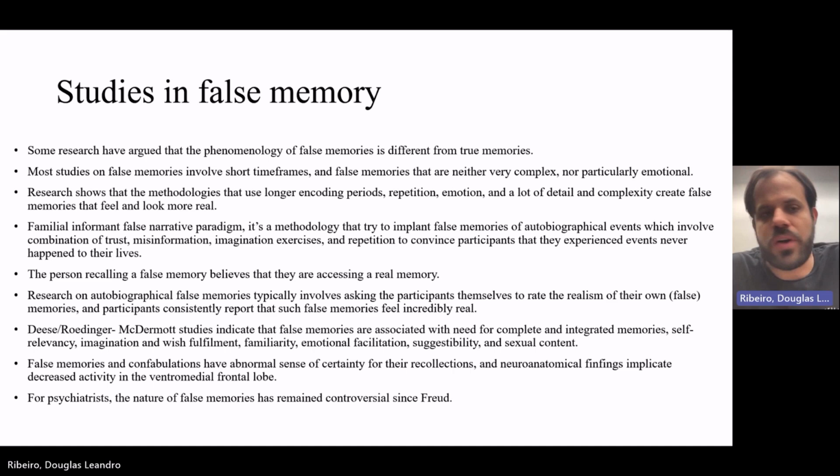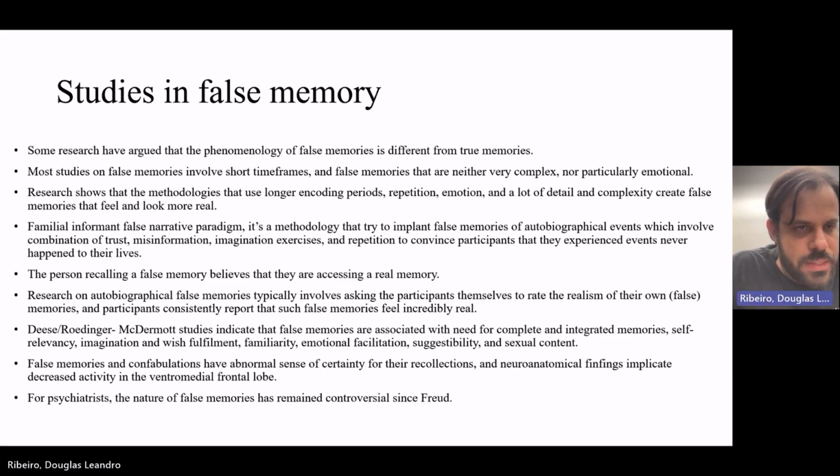Some studies on false memory: some research has argued that the phenomenology of false memory is different from true memories. Most studies on false memory involve short time frames, and false memories that are neither very complex nor particularly emotional. Research shows that methodologies that use longer encoding periods, repetition, emotion, and a lot of details and complexity create false memories that feel and look more real.